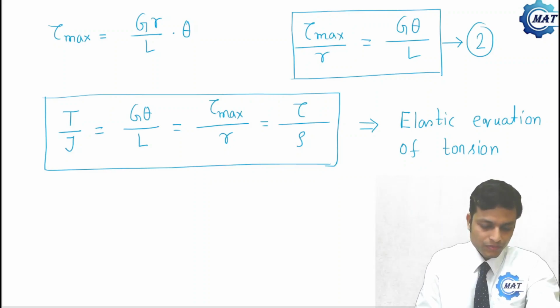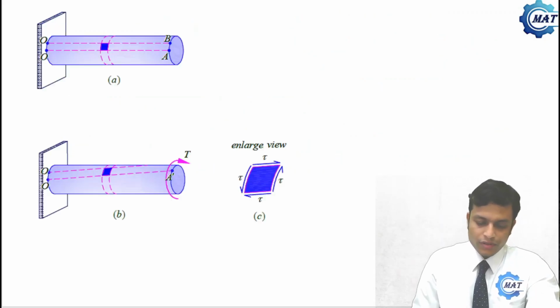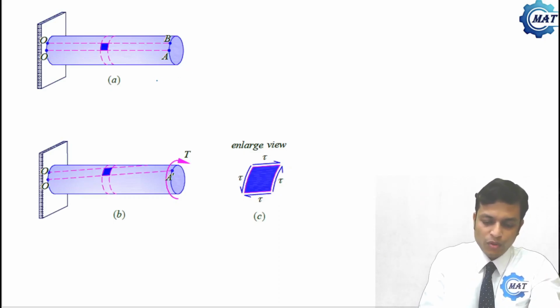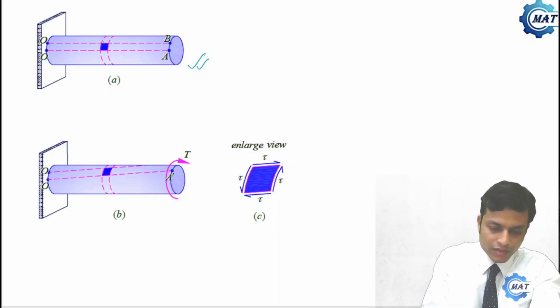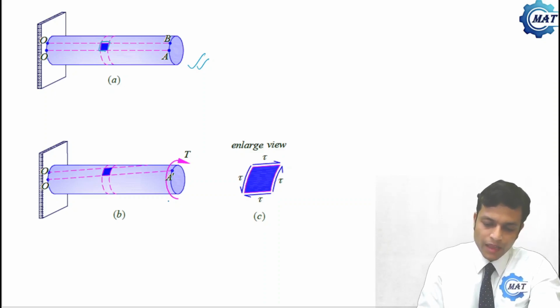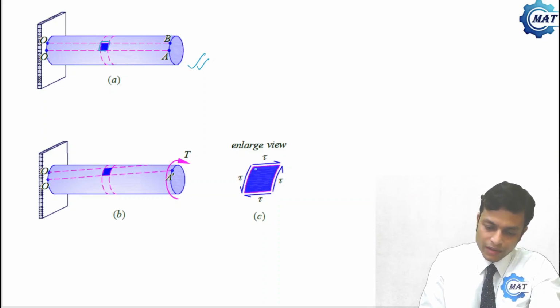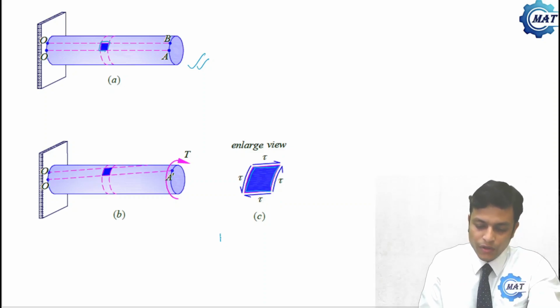Now if a twisting moment is applied to a shaft, this was the shaft before applying the twisting moment, this was the surface, that is a rectangular surface element, and after deformation the element is deformed like this, and the element is under pure shear.